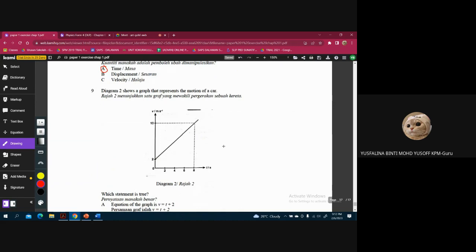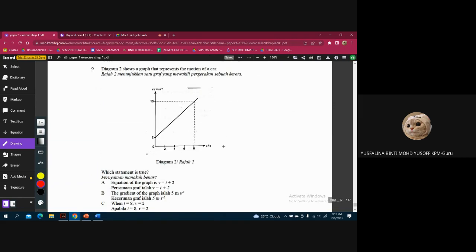Then the last question, Diagram 2 shows the graph representing the motion of a car. Equation of the graph: y = mx + c, where y is v. For m, this is 8 and 10, this is 0 and 2, so 10 minus 2 is 8, 8 over 8 is 1, I think.